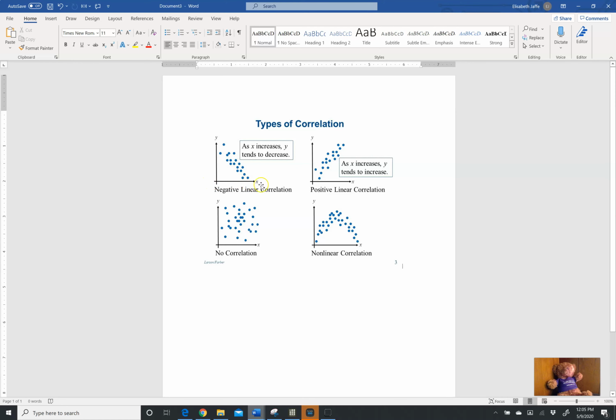As the number of hours increases, the reaction time is going to decrease, okay? We're going to be able to react more quickly. That would be a negative linear correlation. Then we have a positive linear correlation, which means that both variables are increasing. That would be an example of number of hours you spend studying versus your grade on a test, right?